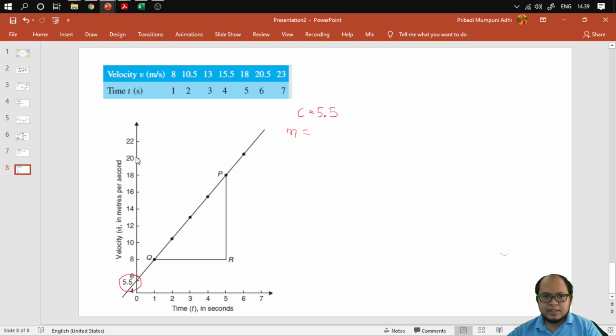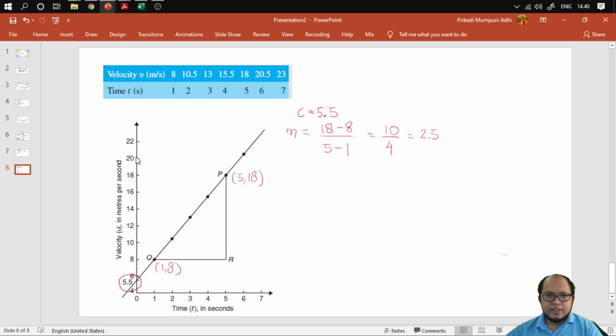We can see from this triangle PQR, the coordinate of P is 5 and 18, and Q is 1 and 8. So the gradient can be calculated by using 18 minus 8 over 5 minus 1. So we have 10 over 4, or equal to 2.5.